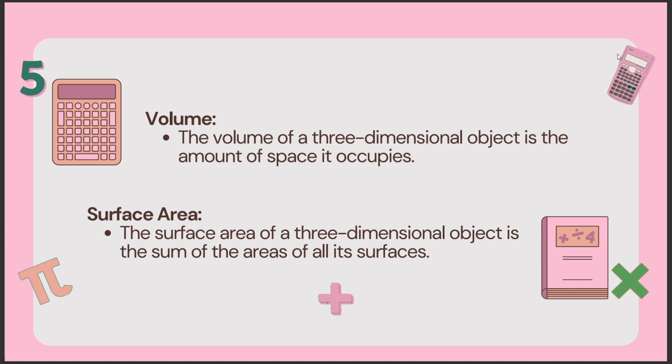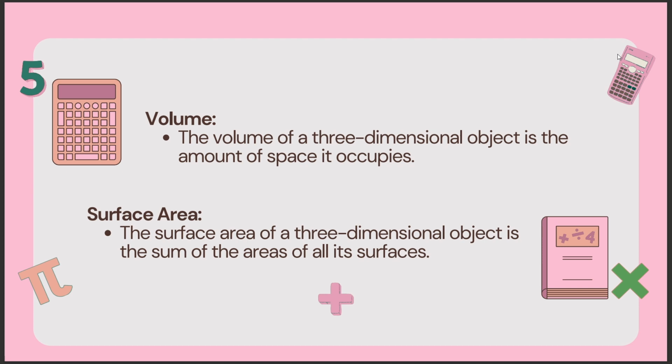Now we are going to tackle the volume and surface areas. The volume of a three-dimensional object is the amount of space it occupies. So when we say volume, yung volume ng mga three-dimensional objects is yung amount ng space na ino-occupy nila. So kapag nag-compute tayo nito, kino-compute natin kung gaano kalaki or ano yung amount ng space na nakukuha ng three-dimensional object na yon. So next, when we talk about surface area, the surface area of a three-dimensional object is the sum of the areas of all its surfaces.